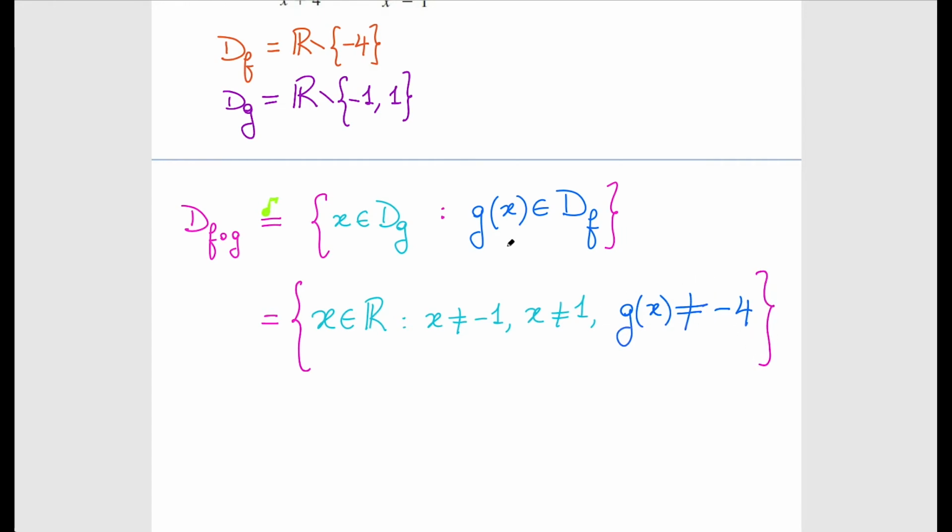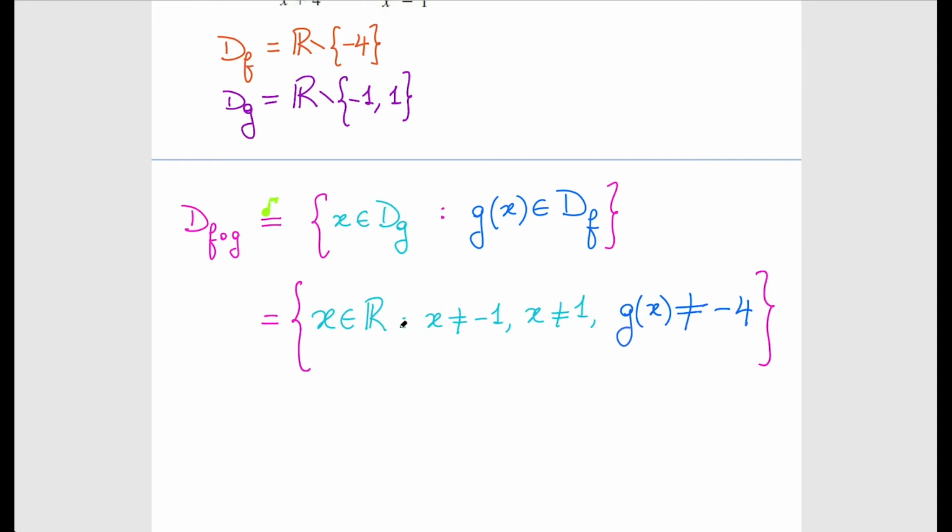Do you agree with that again? Let's try it. So this light blue, which means x is in the domain of g, in this context means that x should be a real number that's neither negative 1 nor 1. That's the light blue part, right?